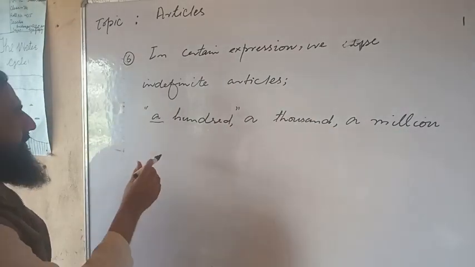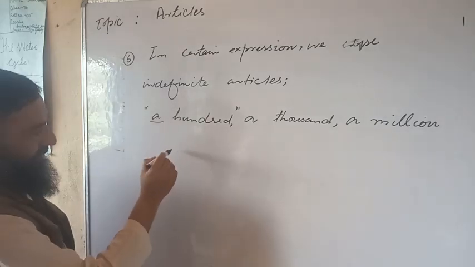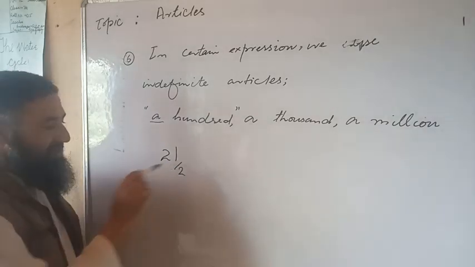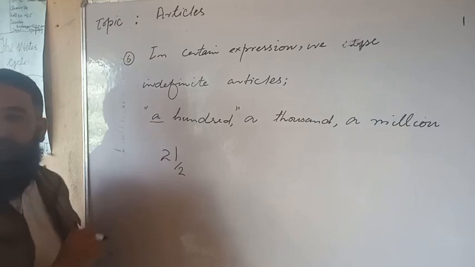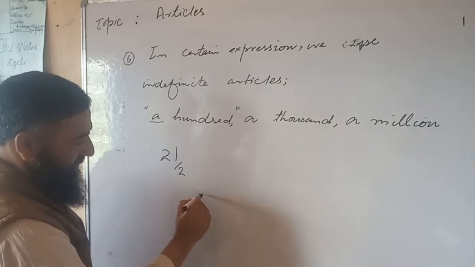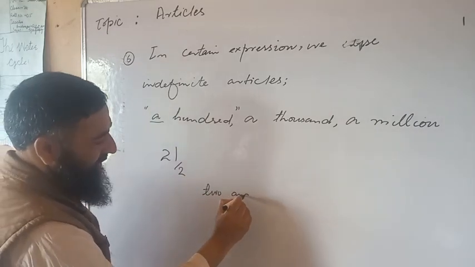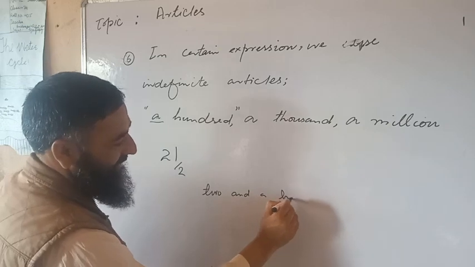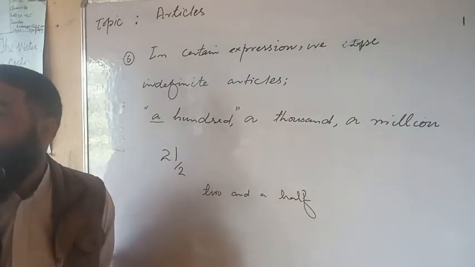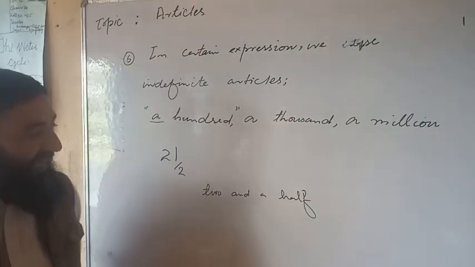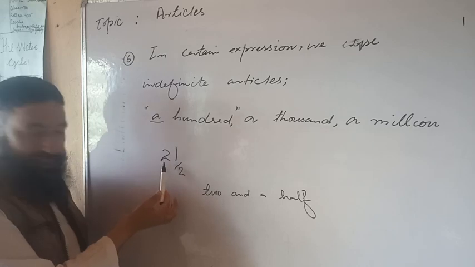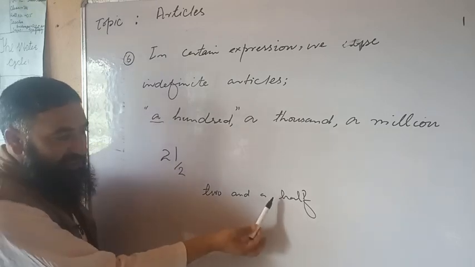Okay. Then there is another thing, that is two and a half. For example, if this half is preceded by a whole number, then you write it like this: two and a half. Remember it. Actually, we learned this time where to use indefinite articles. If this half is preceded by a whole number, then you use a before it.